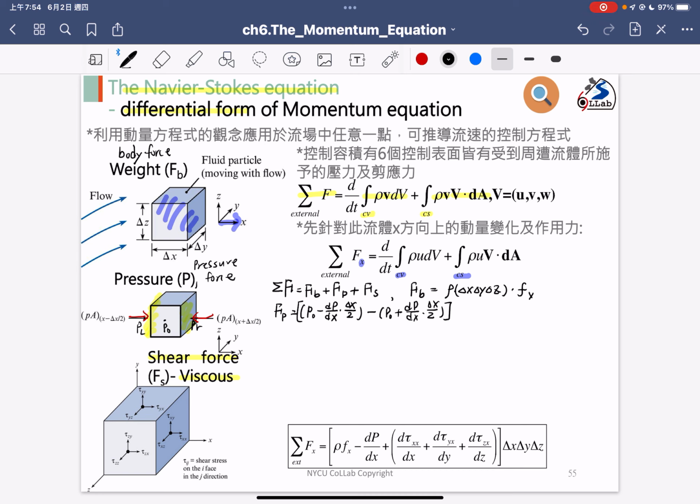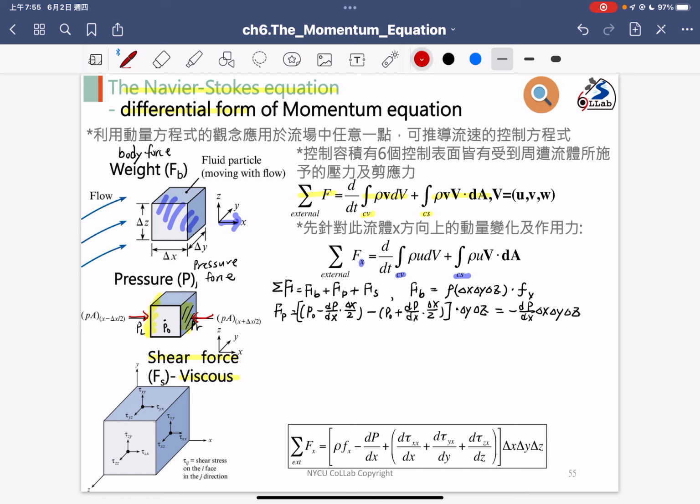This is only the pressure difference, so then we multiply by the cross-section area, which is dy times dz. When we balance the formula, the P0 cancels out, so we only have the pressure gradient term. That equals minus dp/dx times delta x, multiplied by dy and dz.